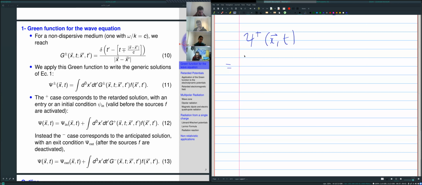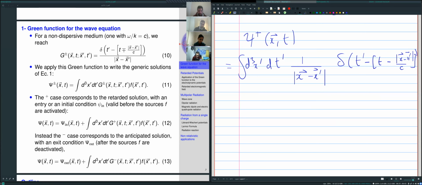According to equation 11, it's an integral over x prime and an integral over dt prime of 1 over x minus x prime times delta of t prime minus, what goes here? If I got the plus in G, then I need to have a minus here: x minus x prime over c. And of course, we must include here the source function.